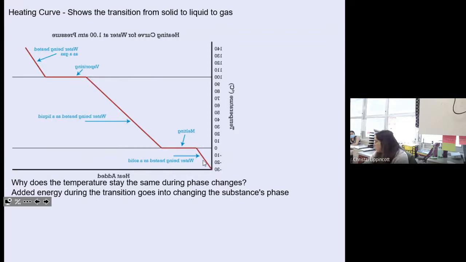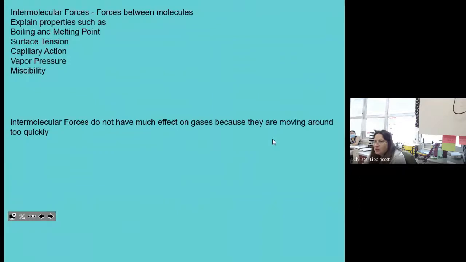This is the frost on your windshield. Can't believe I found that. That's kind of cool. Okay, so the temperature stayed the same because they're dealing with those IMFs. In this case, they're reestablishing and then strengthening them. Added energy during the transition then is going to go into changing that phase.